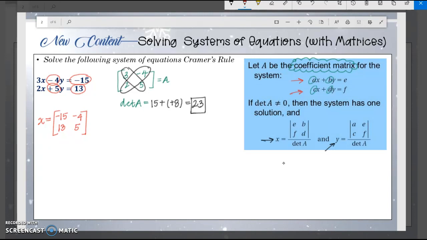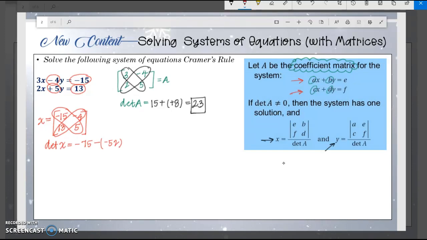Then I'm just going to take the determinant of that matrix. I'm going to call this determinant of x. So when I do that, I multiply along this diagonal here. -15 times 5 is -75. And then I subtract along this diagonal. I'm going to have 13 times -4. So when I perform that operation, I end up with -52 here.